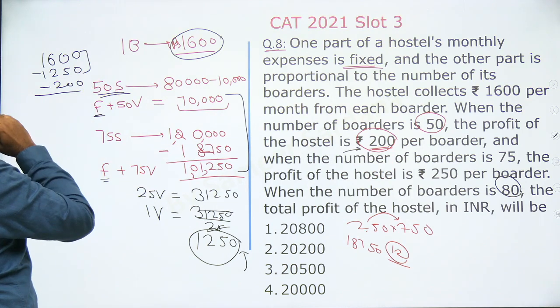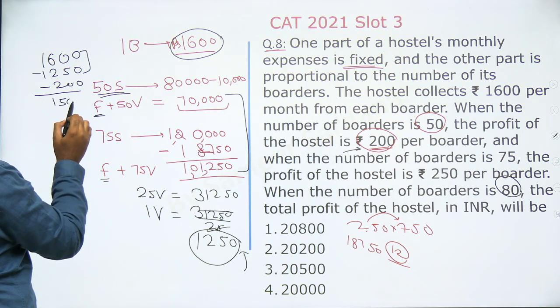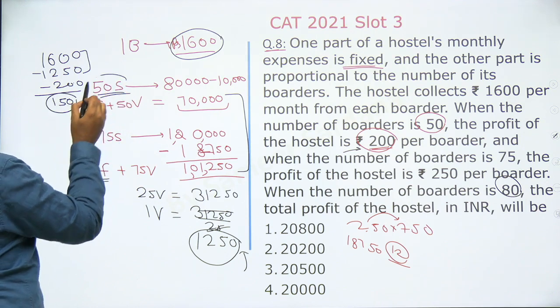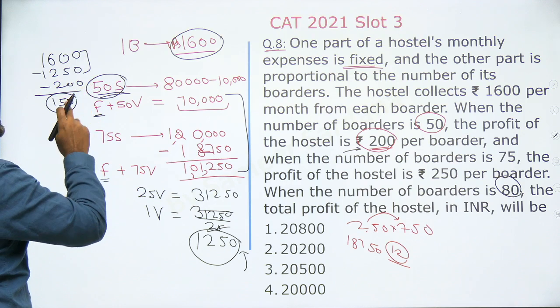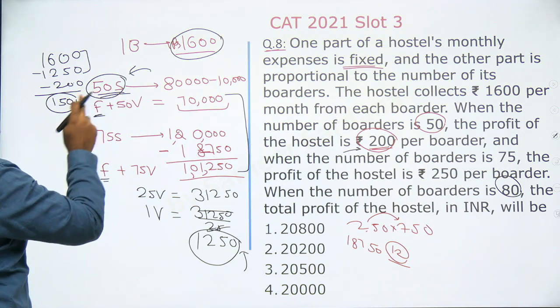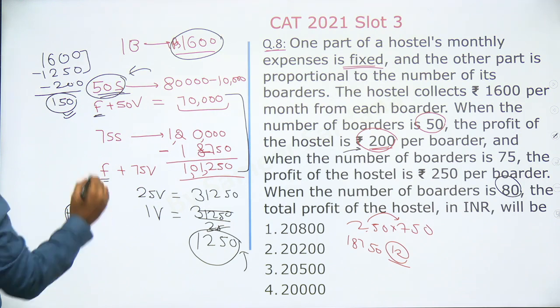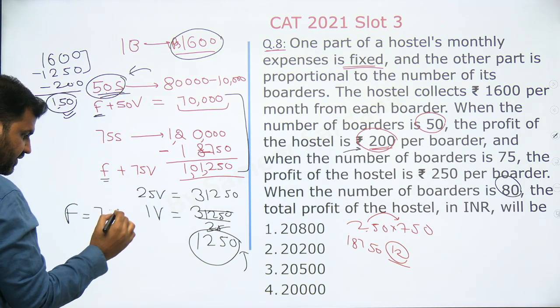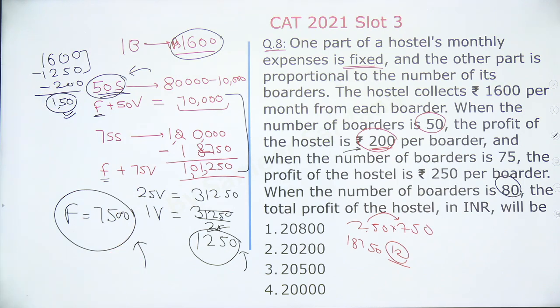This subtraction would be 350. 350 minus 200 is 150. So can I say when there are 50 students, fixed expense is distributed over 50 students, every student is paying 150. So what is my total fixed expense? Fixed expense will be 150 into 50, that is 7,500. Right? I'm erasing this data, please take a screenshot.